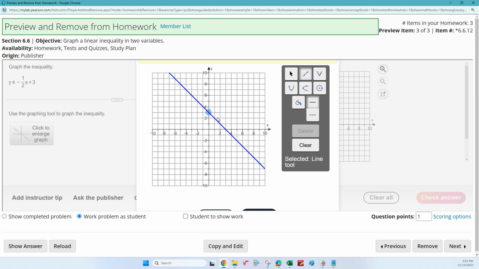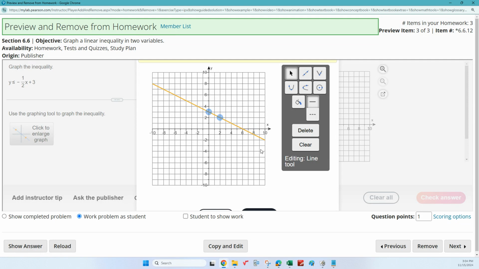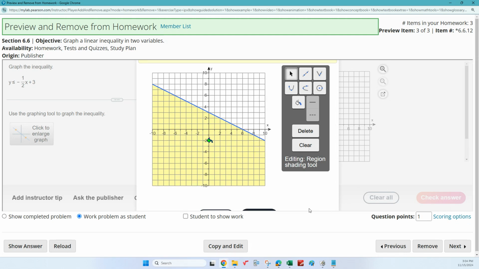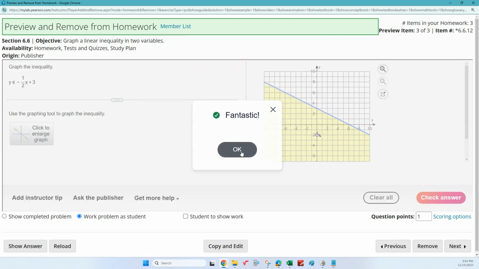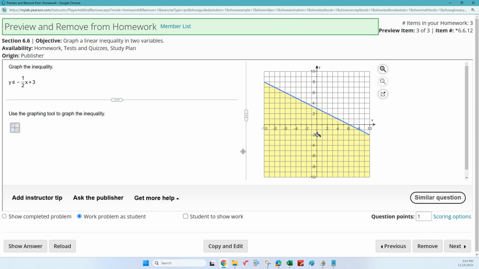We rise negative 1, we run 2. Okay, and there's my boundary line. Now I want the y values that are less than or equal to my boundary line. So point how I'm shading. Below. Very good. There we go. You guys got this. Okay? Have at it. You can work.